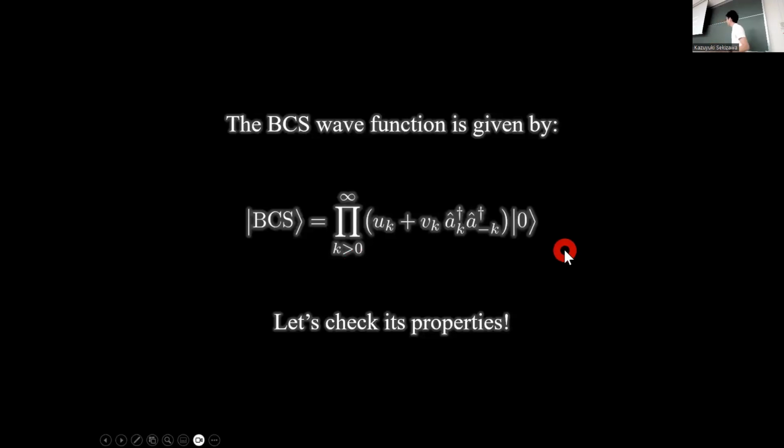Now, if you look at this, you cannot see many things. This is some abstract object, but I will try to explain step by step in detail the meaning of this wave function.